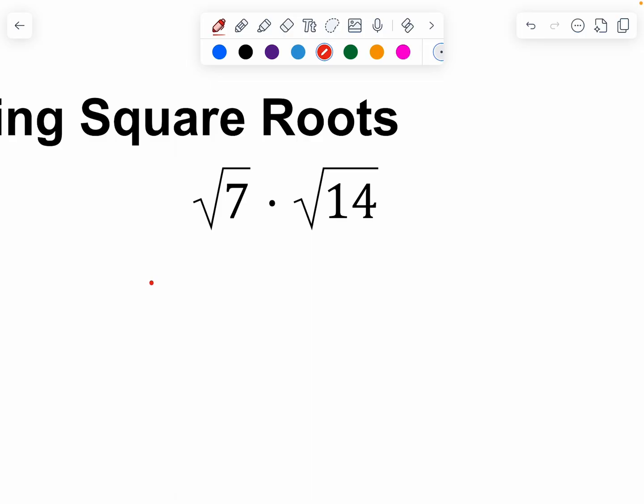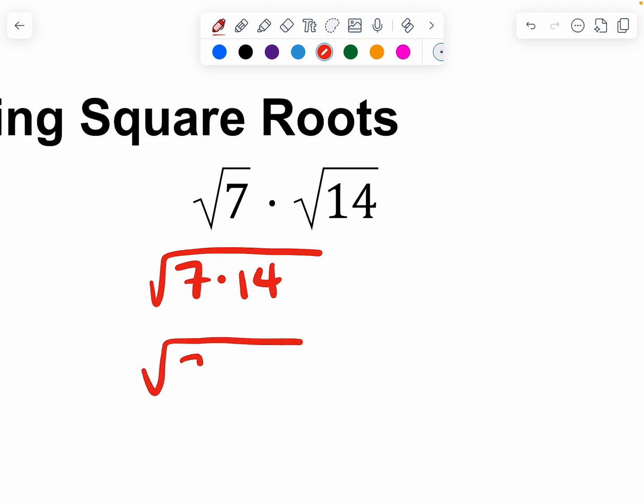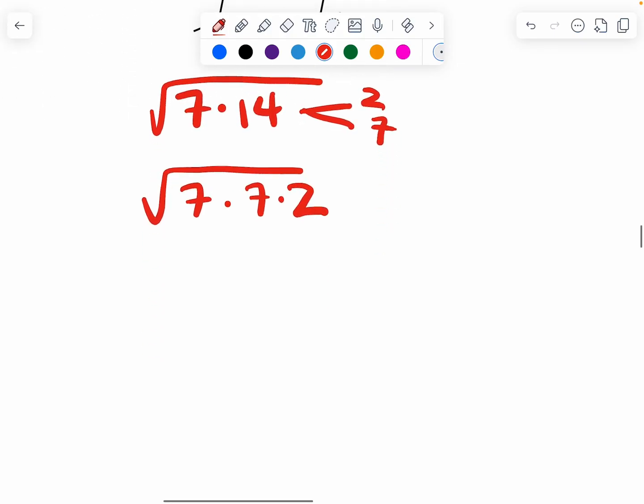So this one, I have 7 times 14. Well, guys, if I look at this, I have 7 times 7 times 2, because isn't 14 2 times 7? Now, did I actually want to multiply that out?